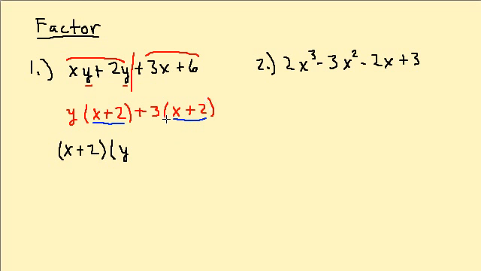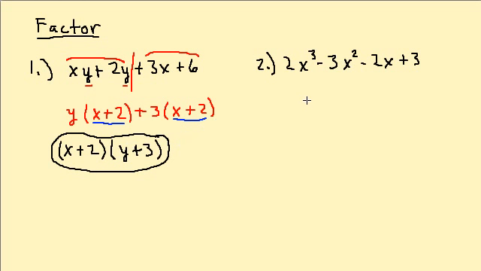Factor out x plus 2 out of the second part, I'm left with a 3. Now, this step here, factoring out the common binomial factor, that's in the second video on factoring. You can go back to that second video and review that if you need to. Okay, let's look at another example.